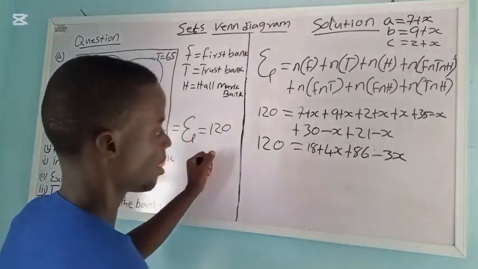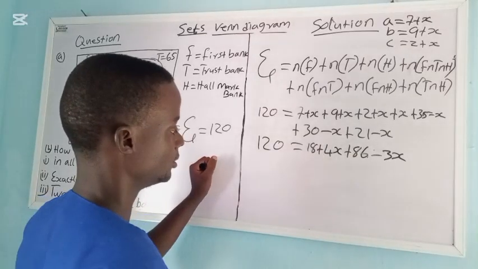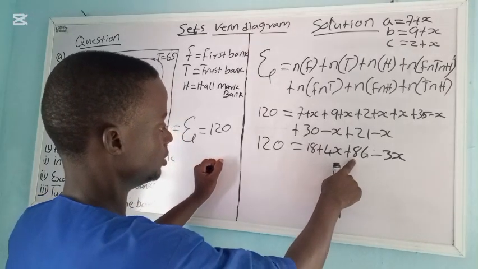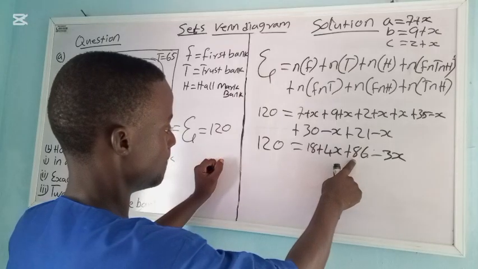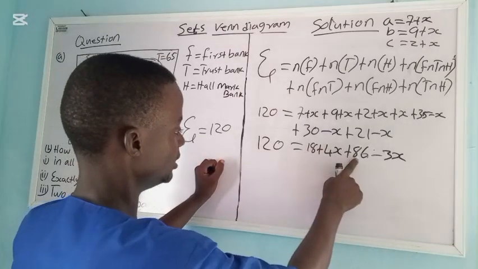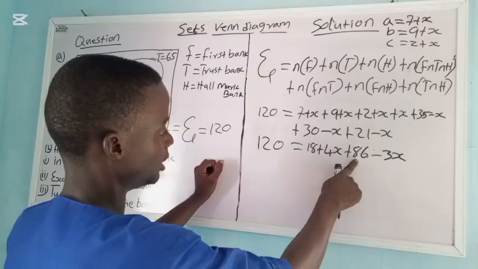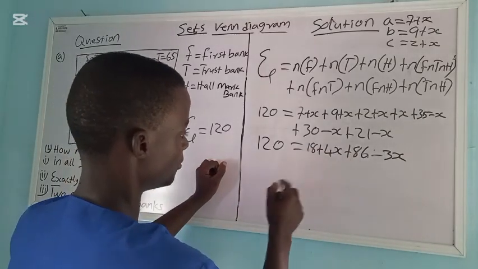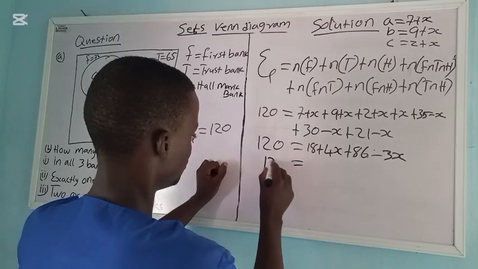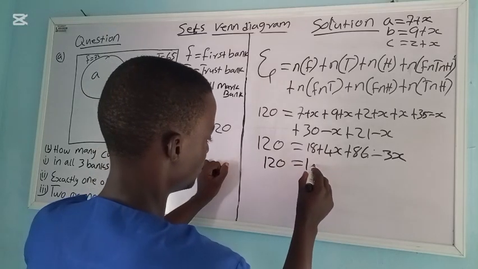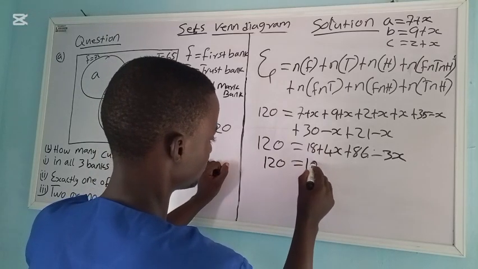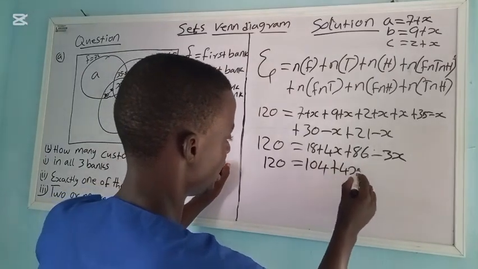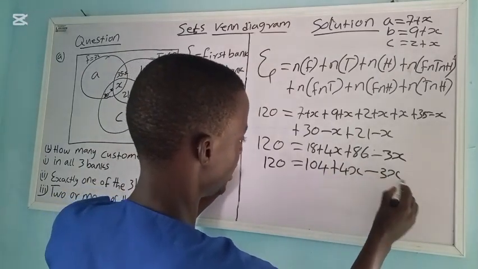So now we'll join this one together and we have 90, that means 90 plus 14 gives 104. We have 120 equals 104 plus 4x minus 3x.